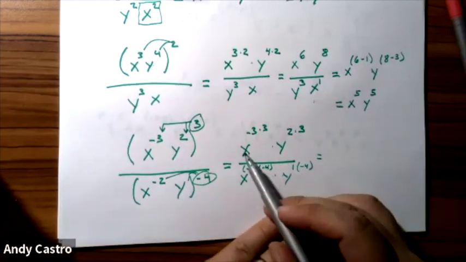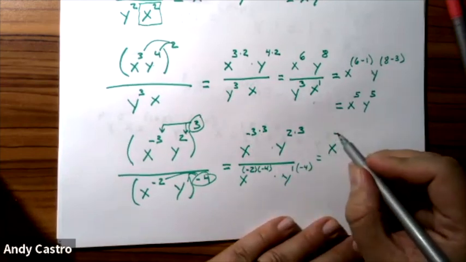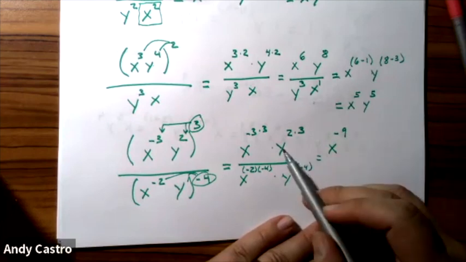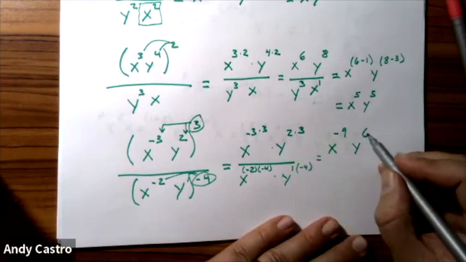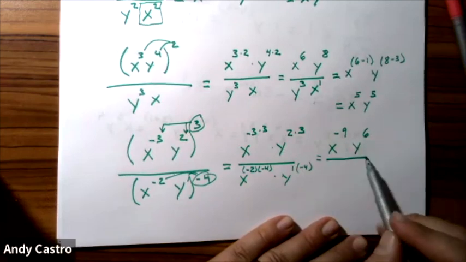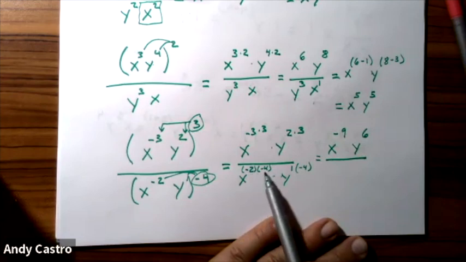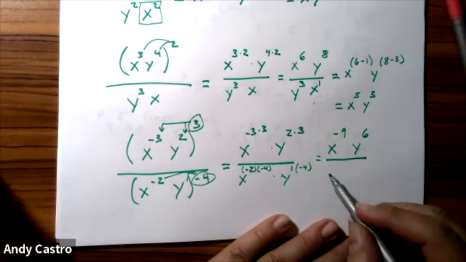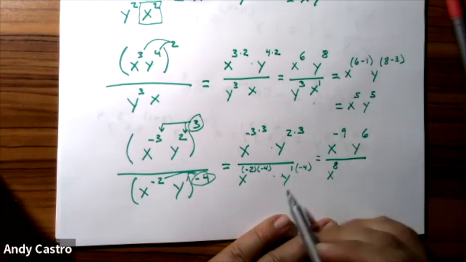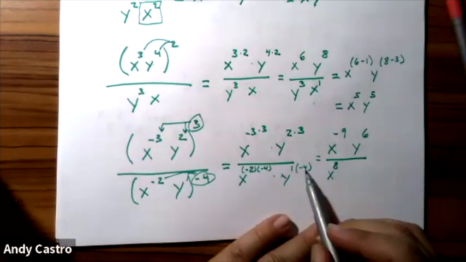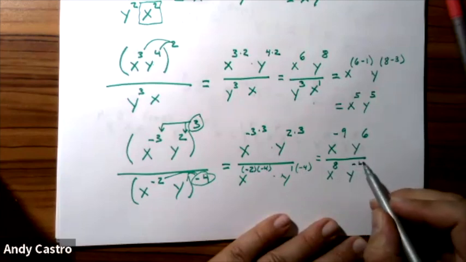All right, so x to the negative 3 times 3 is x to the negative 9. Y to the 2 times 3, y to the 6th, over x to the negative 2 times negative 4, it's x to the positive 8. Y to the 1 times negative 4, that's y to the negative 4.